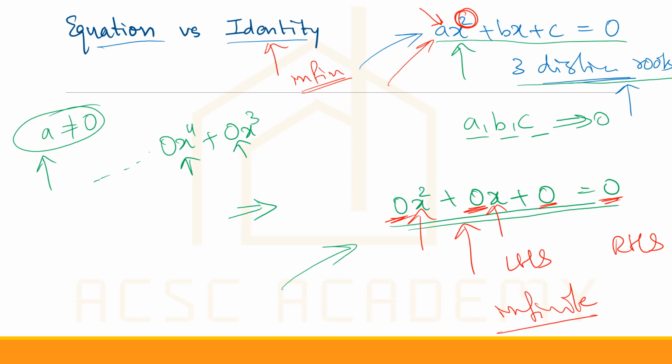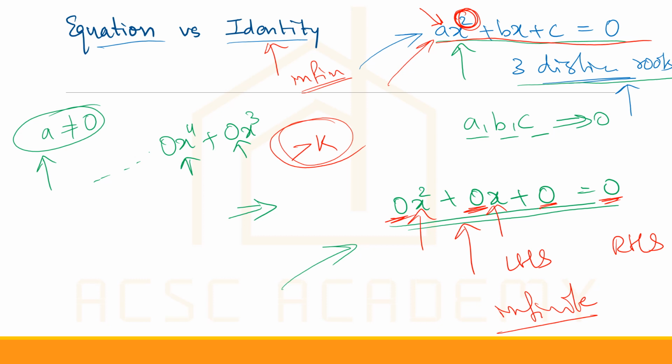So just by looking at its degree, if it seems to be, let us say, k, and it has been told that it has a number of roots which is greater than k, then you have to be sure that there is something wrong. This is not a standard polynomial. There is a possibility that it can be an identity instead.